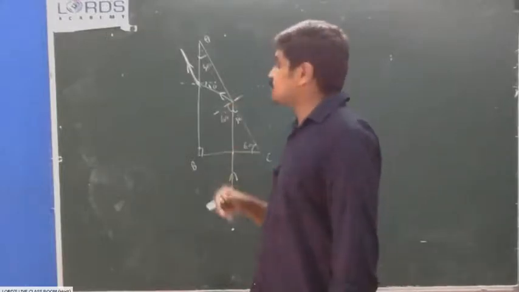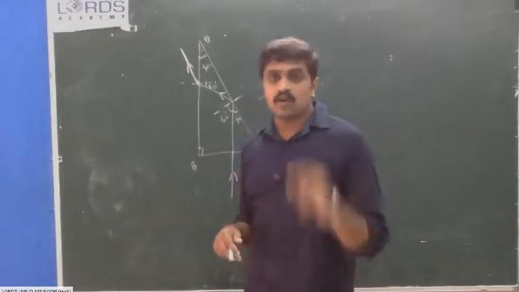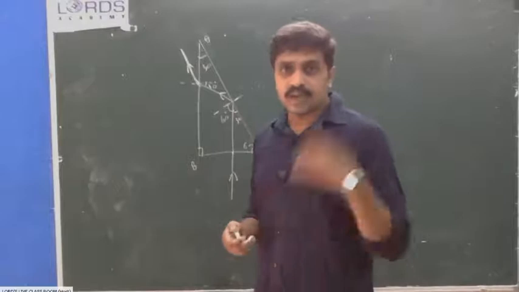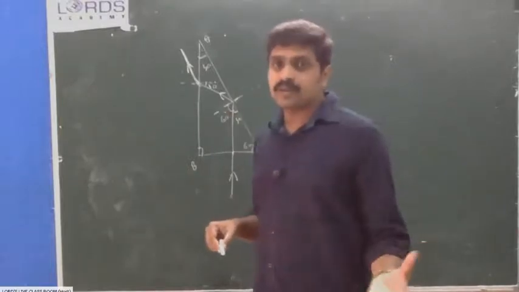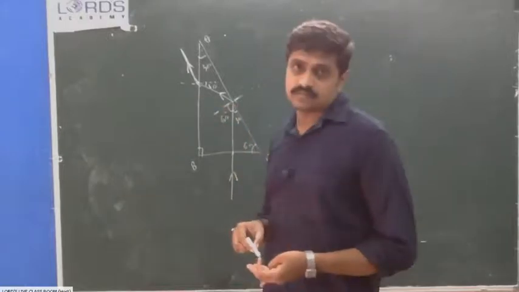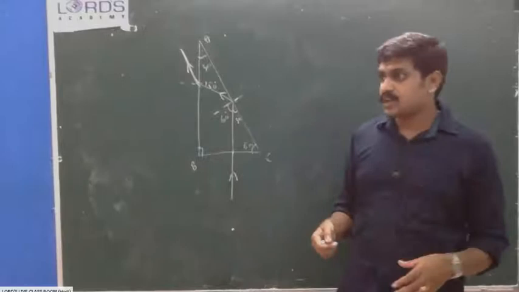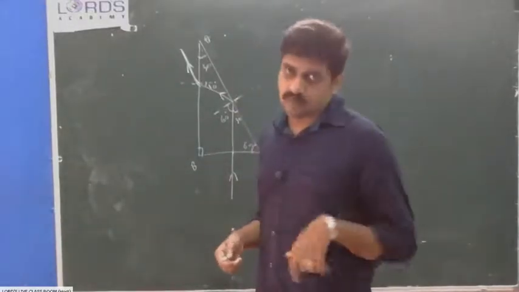Here the angle of incidence is 60 degree, greater than the critical angle, so it undergoes total internal reflection. It reaches here, and again, denser to rarer medium, the ray bends away from the normal.